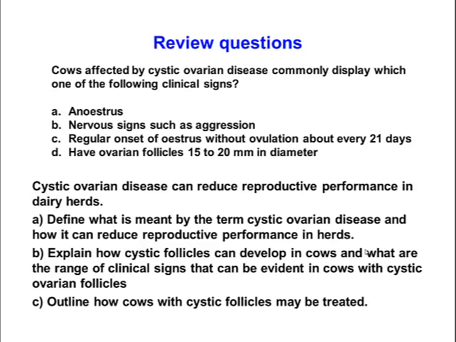At the end of that period, remove the CIDR, inject prostaglandin to induce luteolysis, allow the animal a couple of days for that growing follicle to get up to pre-ovulatory size, and then force ovulate them with another injection of GnRH or HCG, and then artificially inseminate them just after you inject that drug, so approximately 16 hours after administering the drug to induce ovulation.